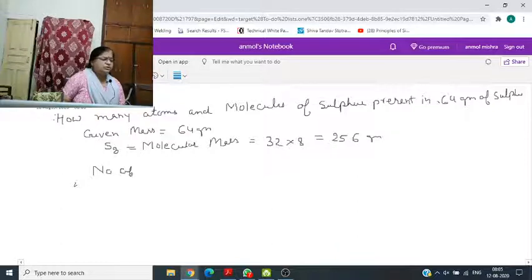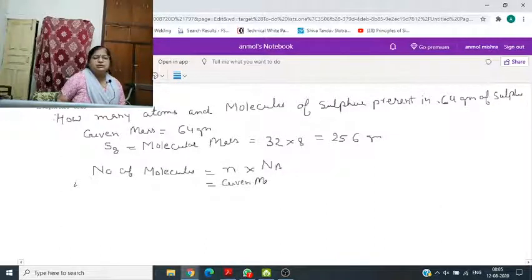Number of molecules, the formula we have just written, small n into capital N. Small n is given mass by molecular mass into Avogadro's number.